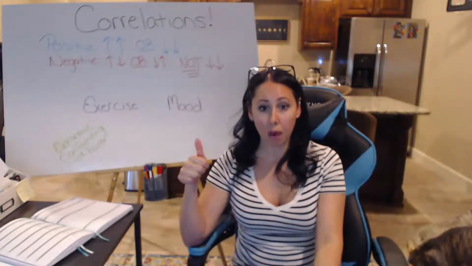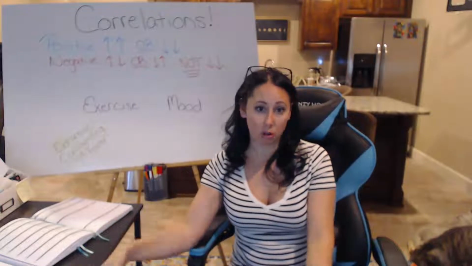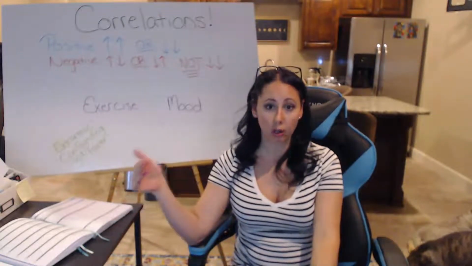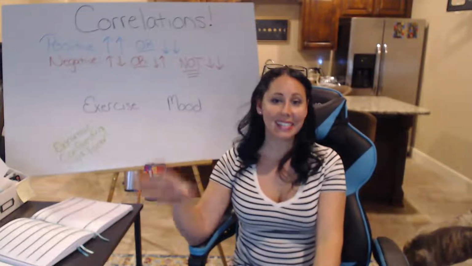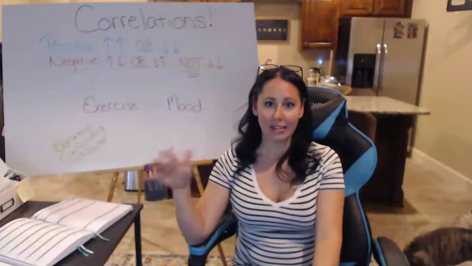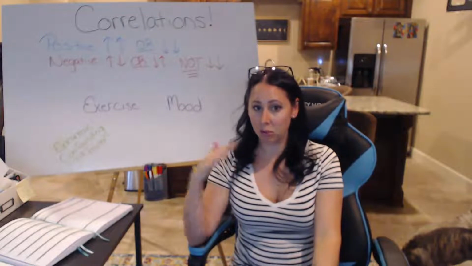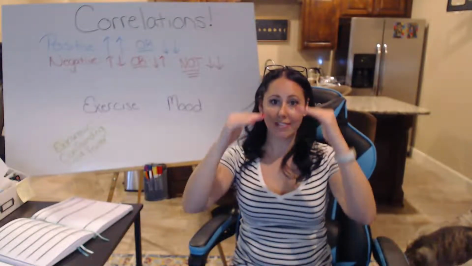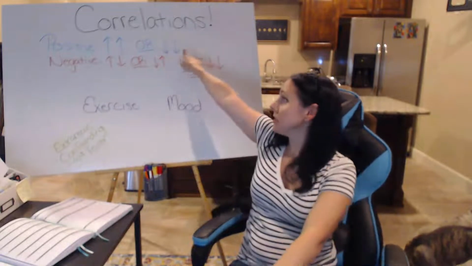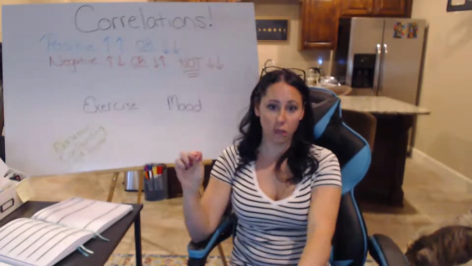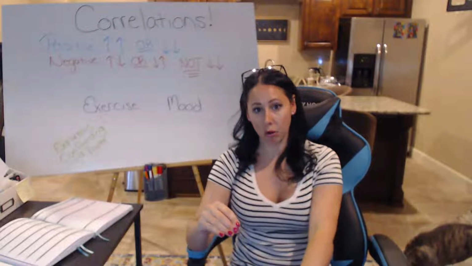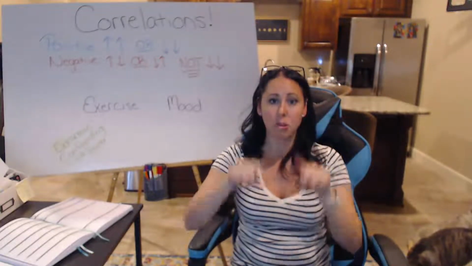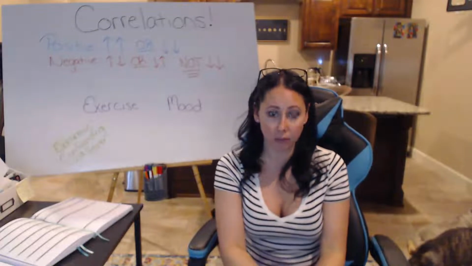If your sleep going up is related to your mood going up, that is a positive correlation. Even if I stated it the other direction and said less sleep is related to a lower mood, even though I'm discussing it in terms of decreases, that is still a positive correlation because both of the variables that I'm interested in are moving in the same direction as each other.